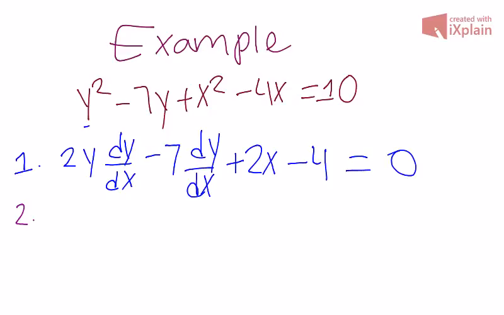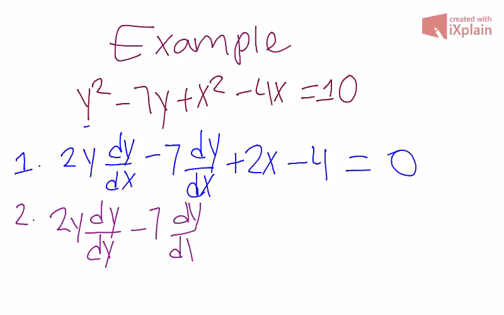Following this step, we move all our dy over dx terms to one side and our 2x minus 4 terms to the other side. So this will become 2y dy over dx minus 7 dy over dx is equal to negative 2x plus 4 because we move it to the other side.